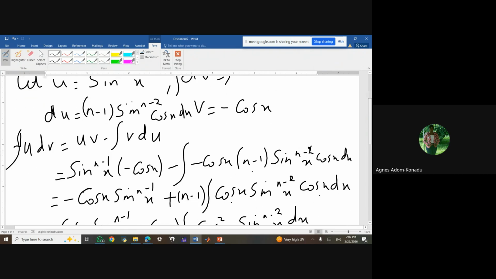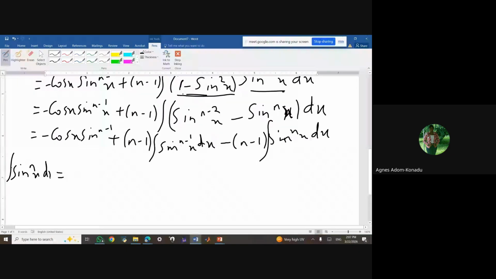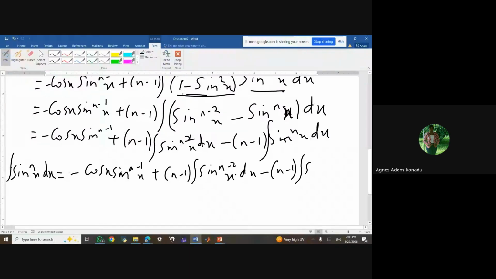So the right-hand side, we know, is integral of sine nx dx. So this is equal to negative cos x sine n minus 1x plus n minus 1 integral of sine n minus 2x dx minus n minus 1 integral of sine nx dx.